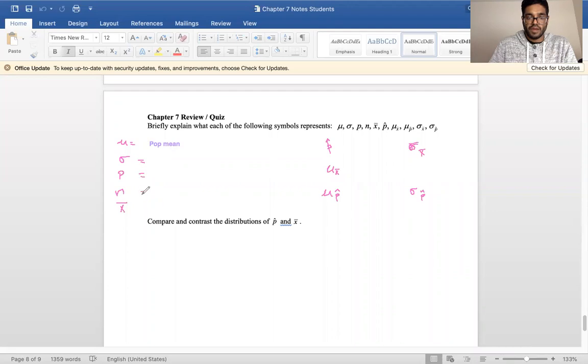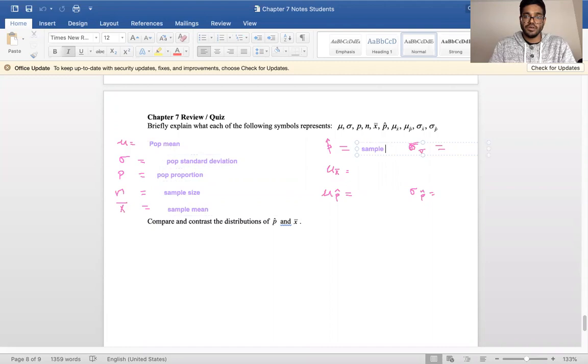The second one is your population standard deviation. P is your population proportion. N is your sample size. X bar is your sample mean. P hat is your sample proportion.